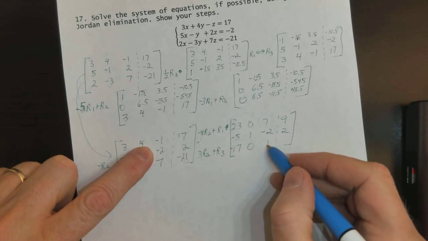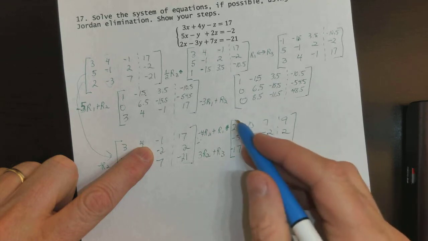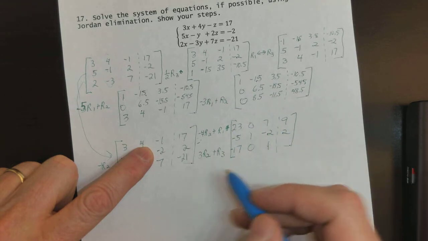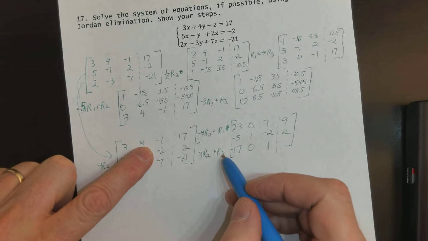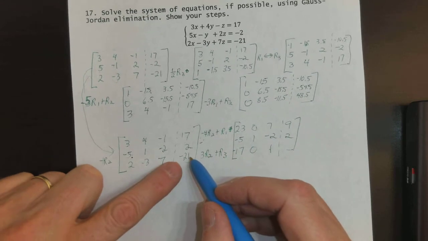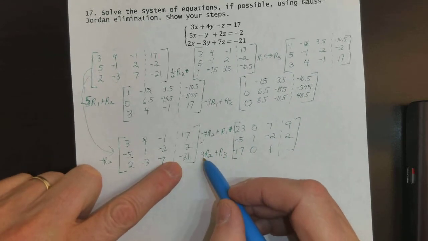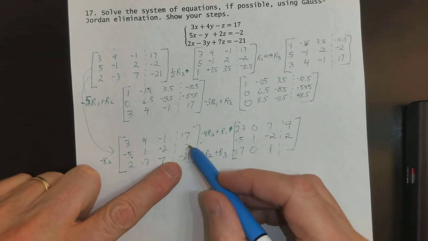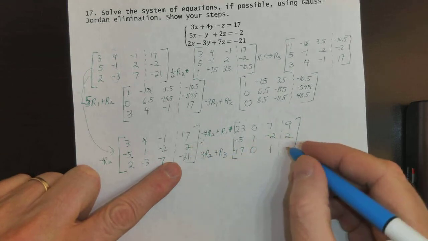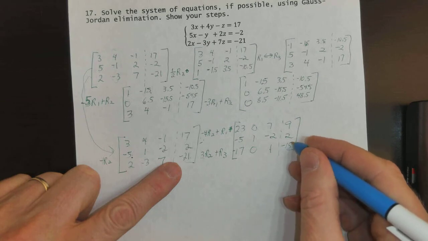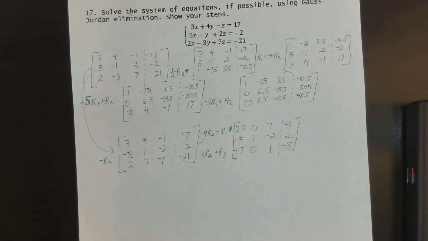Ooh, I like that 1 there. I think we're going to go with this column next. This looks a little messy there. And then negative 63. Oops. No. 6 plus negative 21 is negative 15. Be very, very careful. All right.